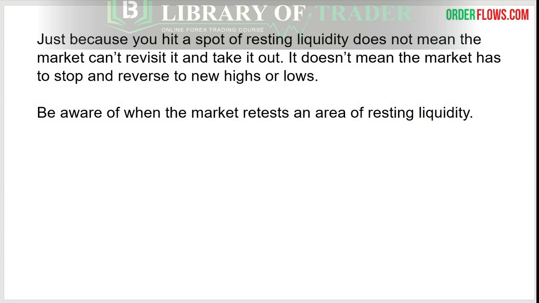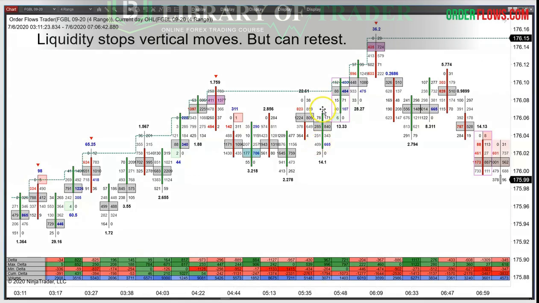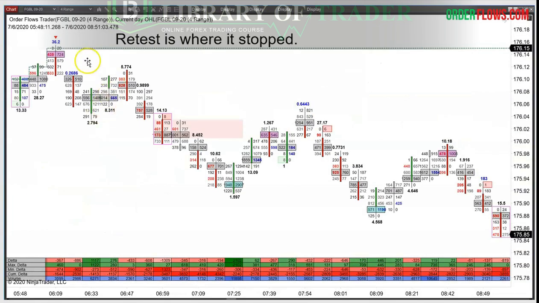When the market tests an area of resting liquidity, if it gets through it and continues its move, it can go higher. Perfect example, resting liquidity here, up at the high of the day. The vertical move up stopped, and you got a vertical move down. It stopped at resting liquidity and came back up. That doesn't mean it's got to stop right at this earlier resting liquidity here.